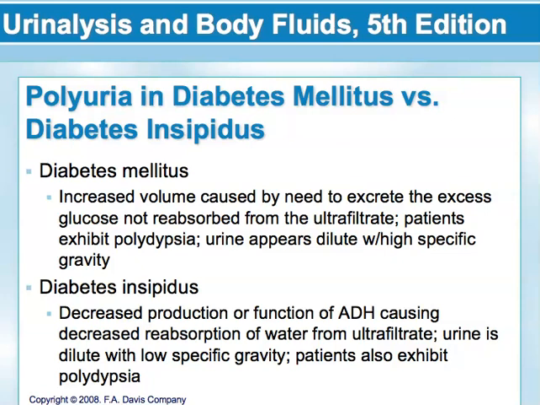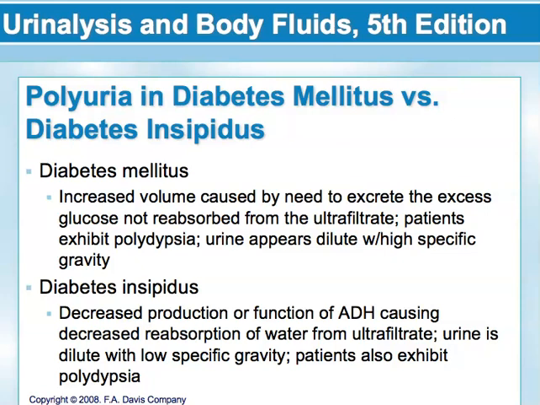Okay, polyuria in diabetes mellitus versus diabetes insipidus. Diabetes mellitus is caused by a defect either in the pancreatic production of insulin, which is referred to as type 1 diabetes mellitus, or in the function of insulin, also referred to as insulin resistance, which is the hallmark of type 2 diabetes mellitus, otherwise known as adult onset.